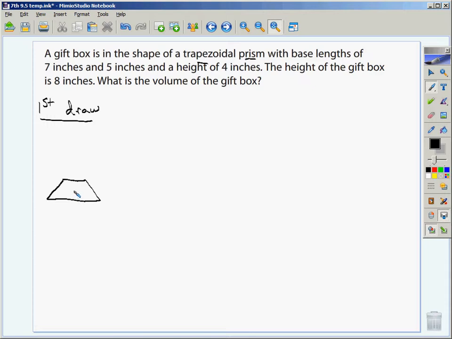If you've drawn one trapezoid, take another trapezoid just like it and make it overlap it. You see it? I made them overlap each other. Are you with me? Understand what I did? And then we are going to connect the corresponding points of the trapezoids. Okay?